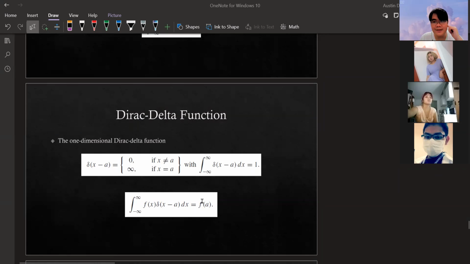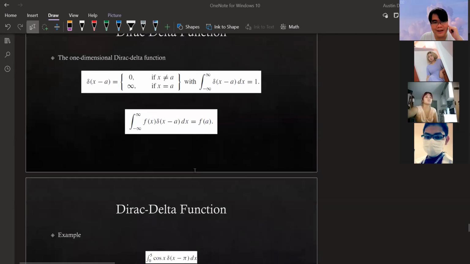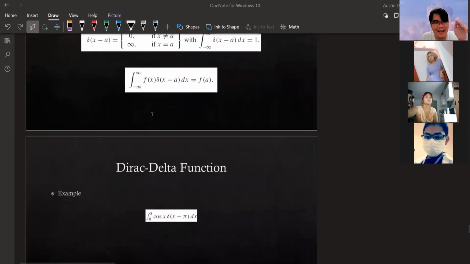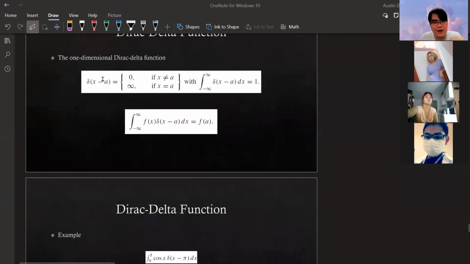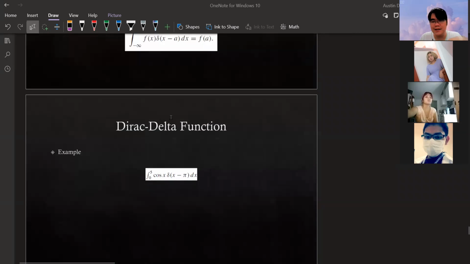Okay? Amazing, no? Siyempre, mag-example tayo para mag-gets natin yung nangyayari dito. Okay? So, tandaan natin, kailangan madaanan ng integration bounds mo kung ano mang argument ni Dirac delta function mo para magkaroon siya ng sense. Otherwise, magiging 0 lang siya.